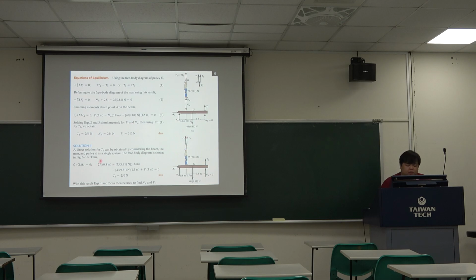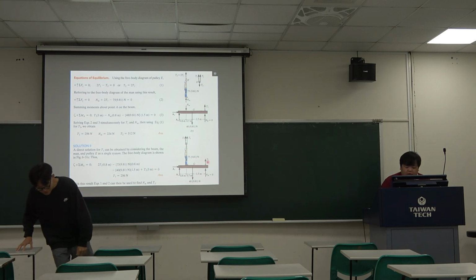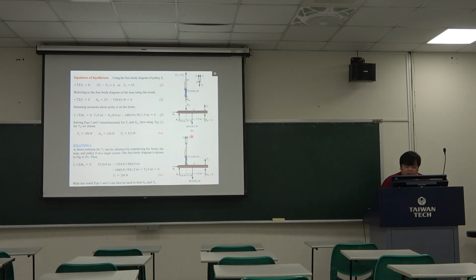So we have the 1, 2, 3, 4, 5 moments put at the moment A, and these 5 moments combined together are equal to 0. Then we can calculate the T1 first. Then when we get the T1, we can solve the AX and AY. So I think the answer will come out like this constant.